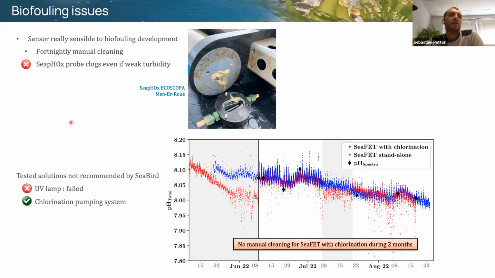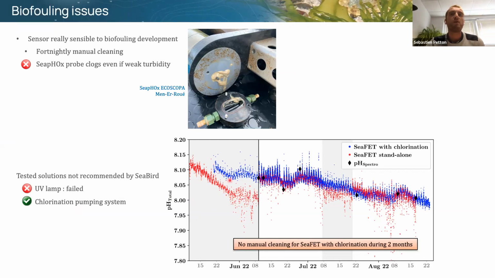We also tried different solutions, actually not recommended by Seabird. So we tried a UV lamp, but it was definitely a fail, as the ISFET is really sensitive to it. But we are quite happy right now with the chlorination pumping system. This is a test we did last summer by deploying 2 SeaFETs on the same buoy. The red one is the SeaFET in standalone mode, and the blue one is equipped with the chlorination system developed by Ifremer.